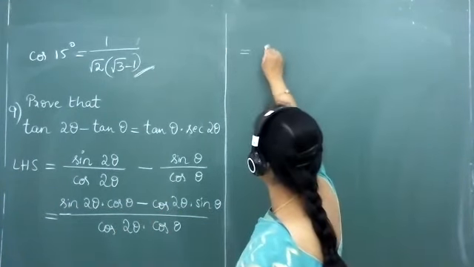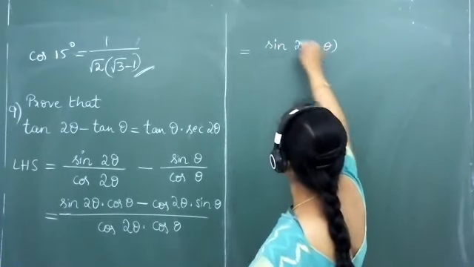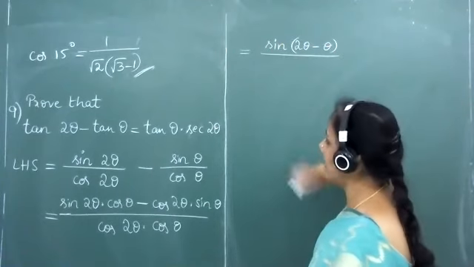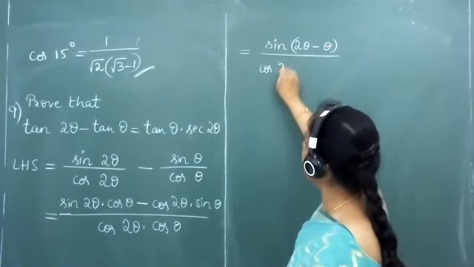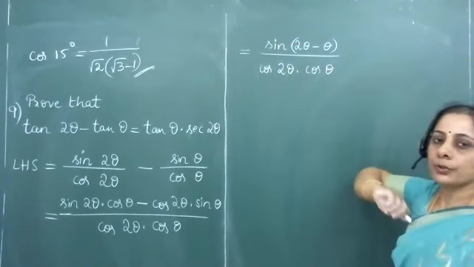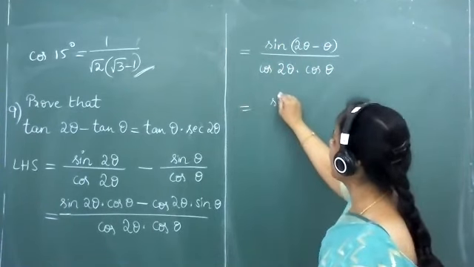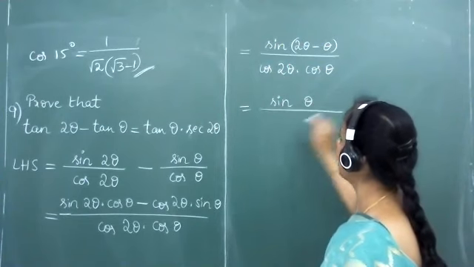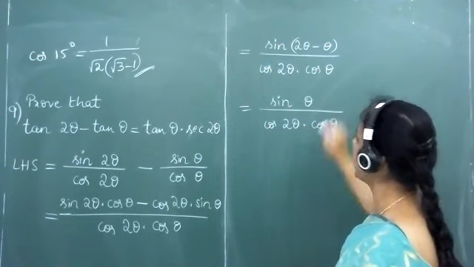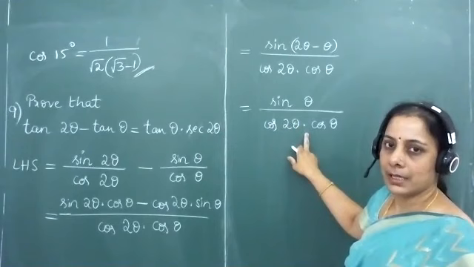So now you have the numerator reduced to the form sin A minus B, which is taken as sin 2 theta minus theta divided by cos 2 theta multiplied with cos theta. 2 theta minus theta in the numerator can be taken as sin theta, whole divided by cos 2 theta multiplied with cos theta. But we don't have the desired result here apparently.